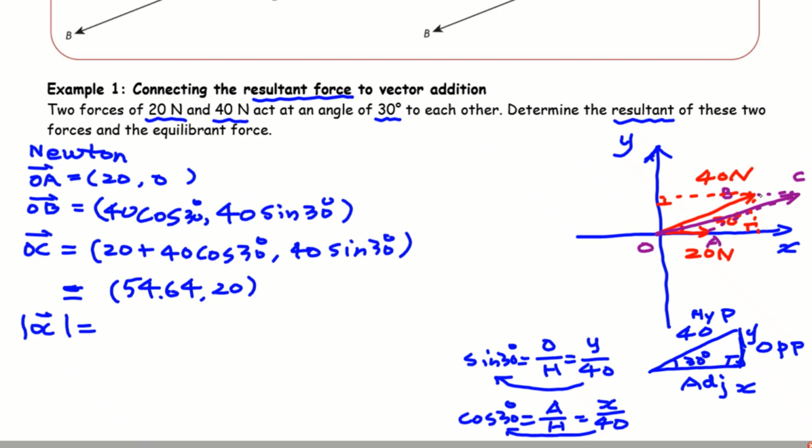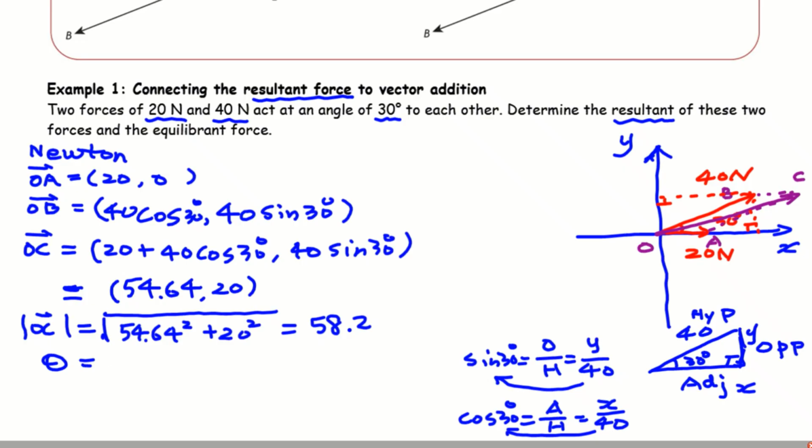Then the square root is our magnitude, so it's just the square root of x squared plus y squared, 54.64 squared plus 20 squared. Then get our calculator out, it is around 58.2.